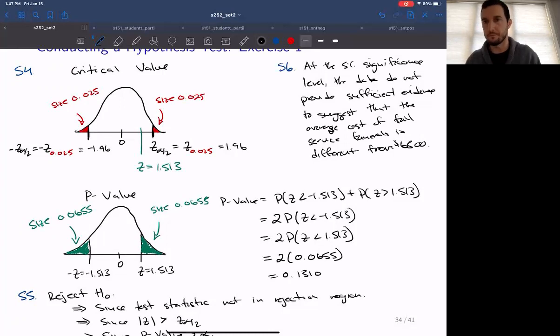Sorry, so that says at the 5% significance level, the data do not provide sufficient evidence to suggest that the average cost of full service funerals is different from $6,500.